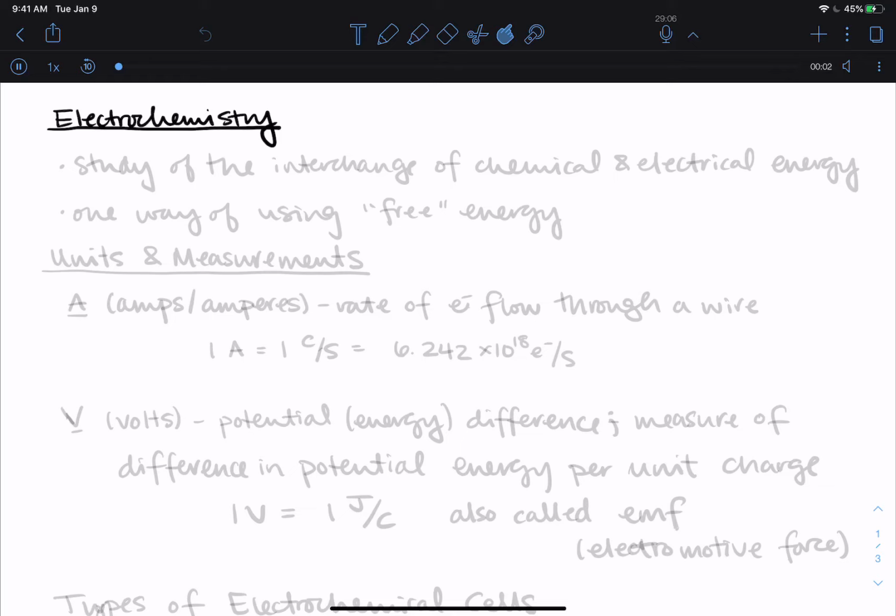Our next topic is electrochemistry. So this intro video will give us some definitions, some units, and a little bit of setup to get going in the right direction. So when we talk about electrochemistry, we're talking about the study of the interchange of chemical and electrical energy.